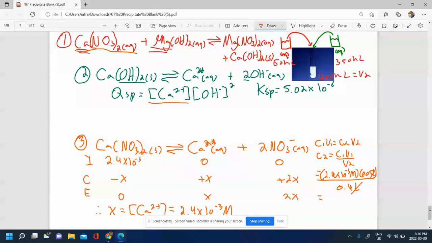Cancel out the liters, and we're left with molarity. So we have 2.4 times 10 to the negative 3 times 0.05 divided by 0.4, and we get 0.0003 molar in that new solution. So we can go ahead and plug that in.